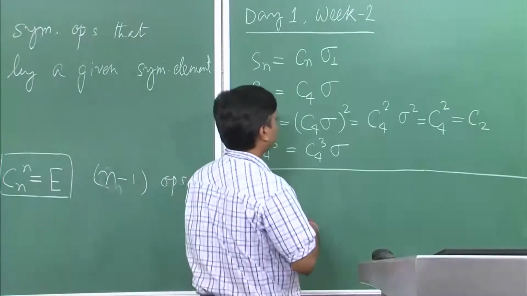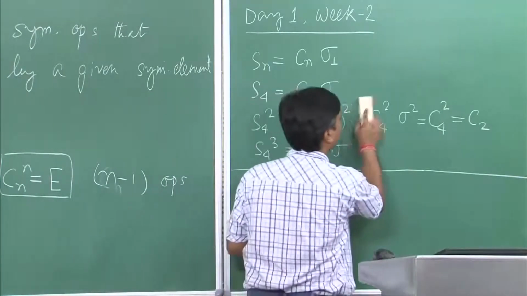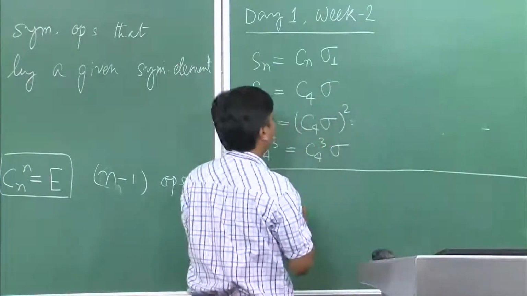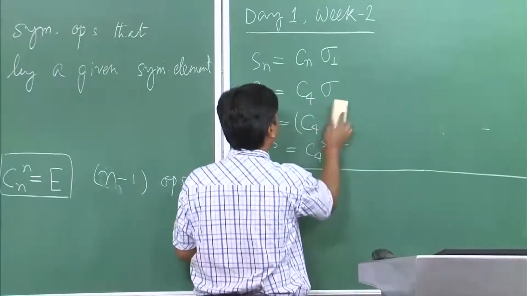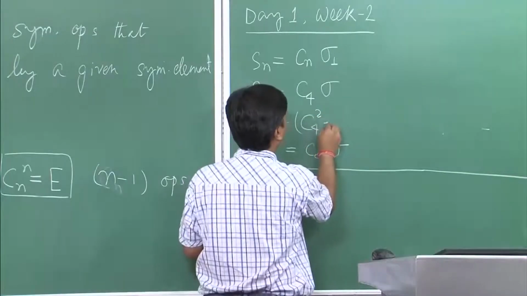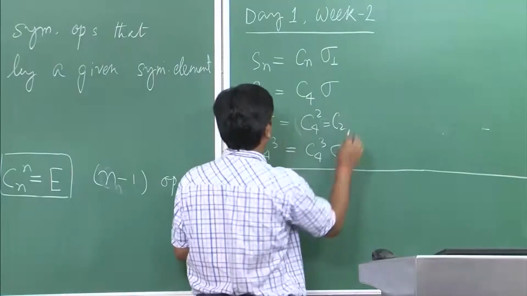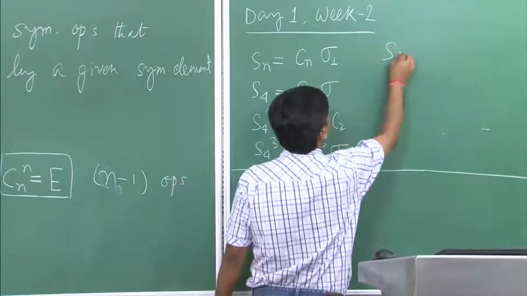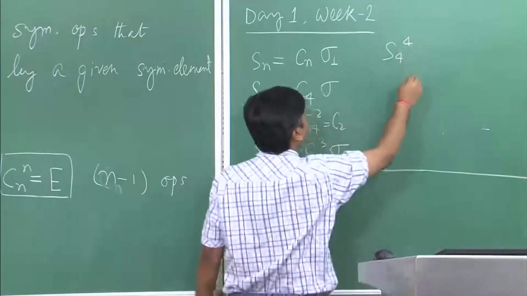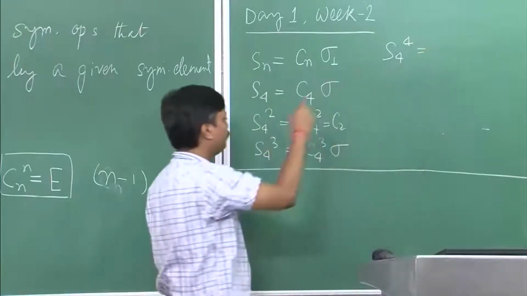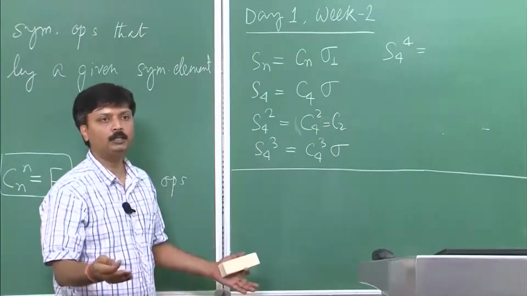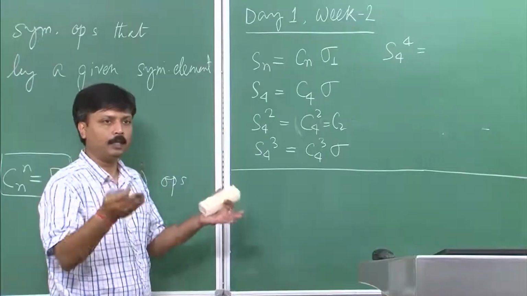Now I can go to S4 to the power 4. That means C4 to the power 4. C4 to the power 4 means what? C n to the n, meaning identity.